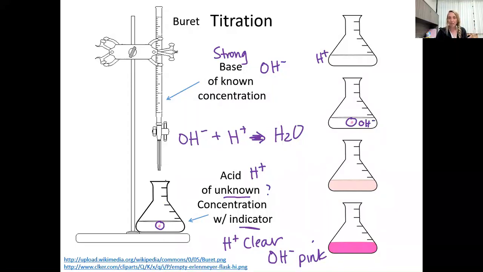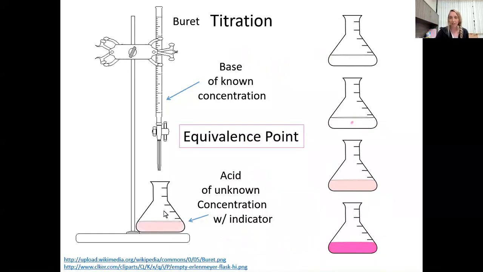I keep dripping the OH- in until I reach what's called an equivalence point. The equivalence point means that the number of moles of OH- equals the number of moles of H+ in that flask.